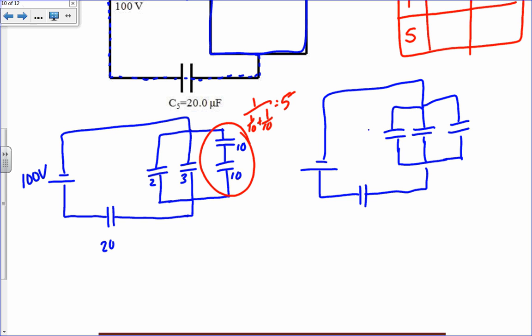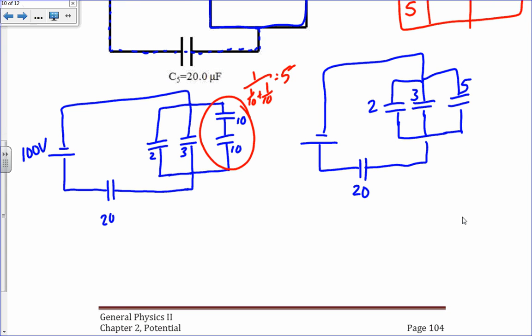Then I get a 2, 3, and a 5. I have a 20. Combine that 2, 3, and a 5 gives me 10.